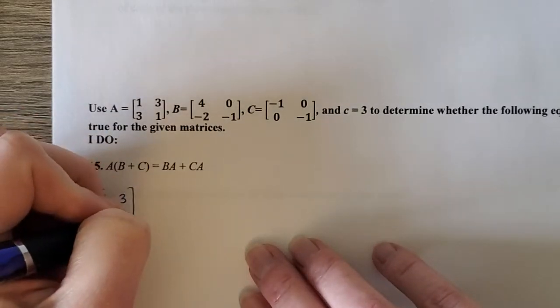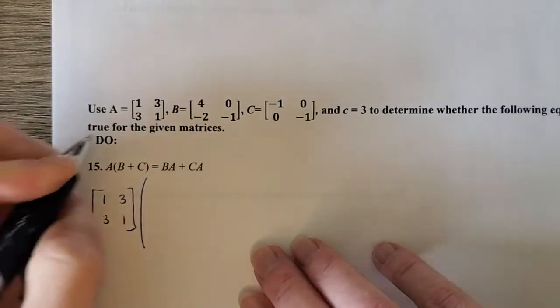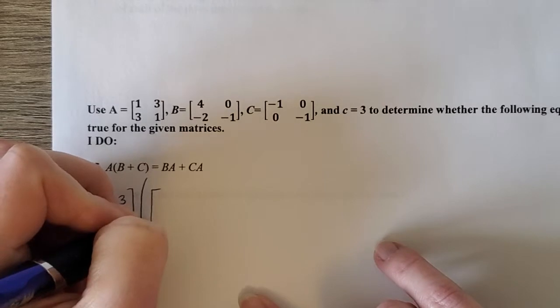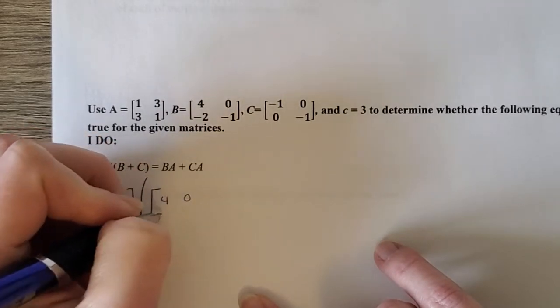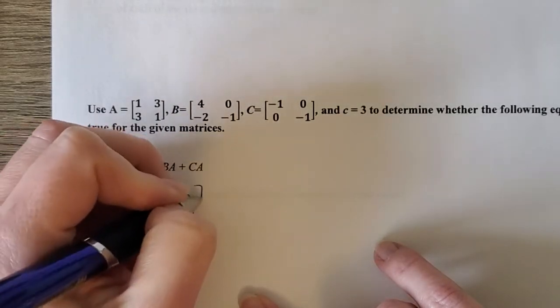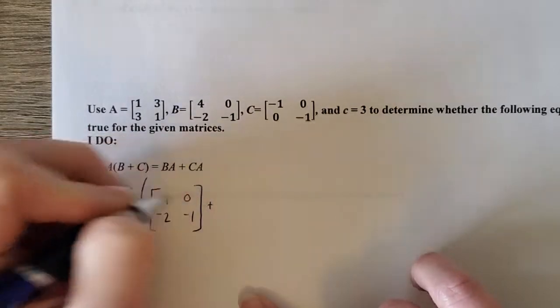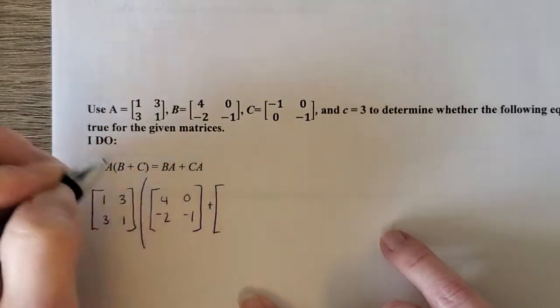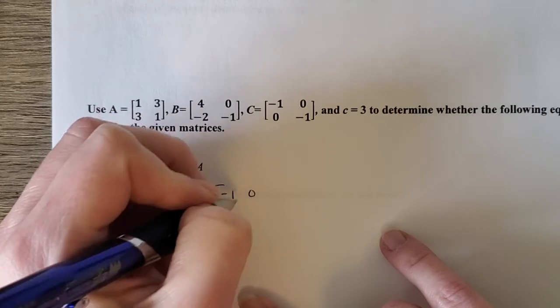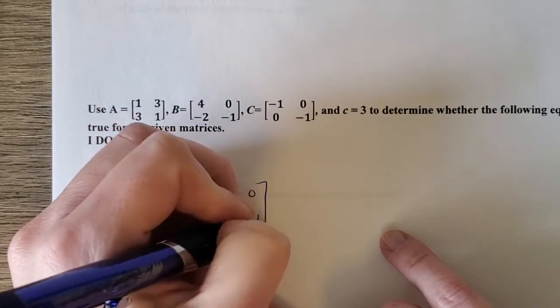And then it says we're going to multiply that. So we put parentheses. B is 4, 0, negative 2, negative 1. And we want to add that to C, which is negative 1, 0, 0, negative 1.